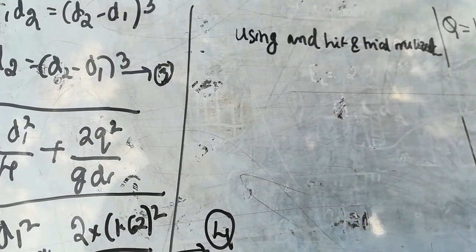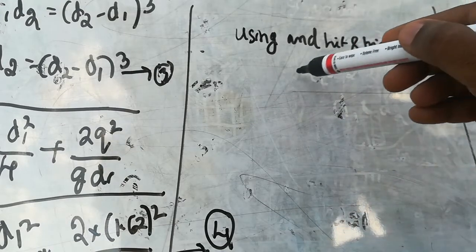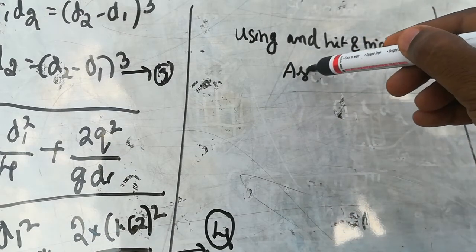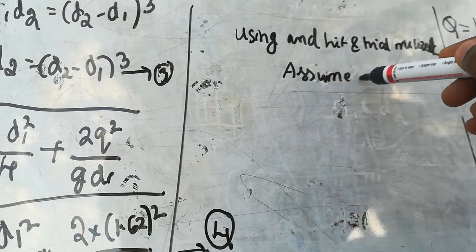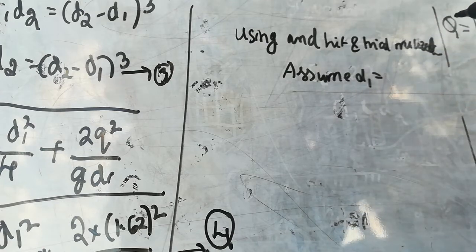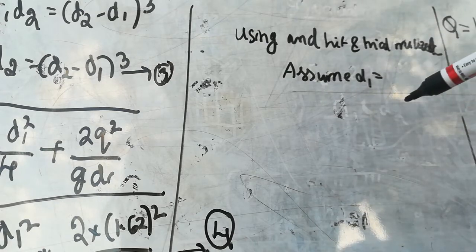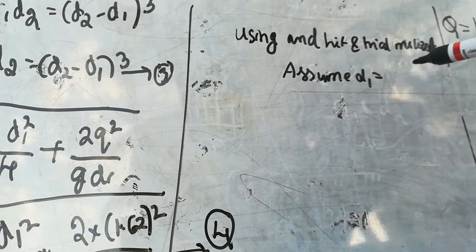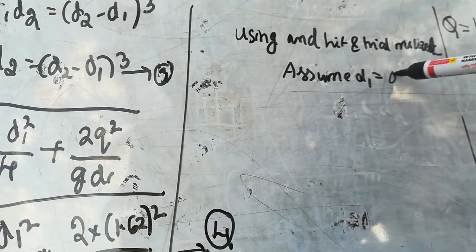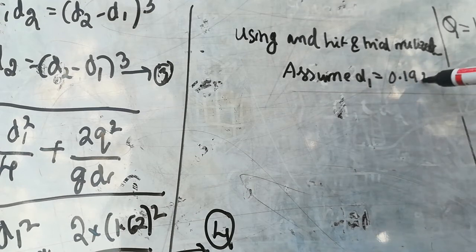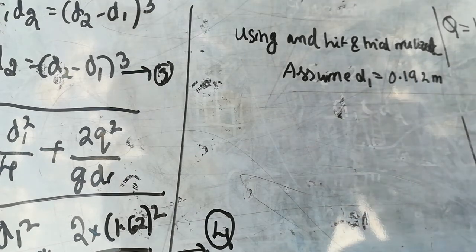So here assume d1 is equal to, we can assume it, 0.19 meter, that is the d1 value.